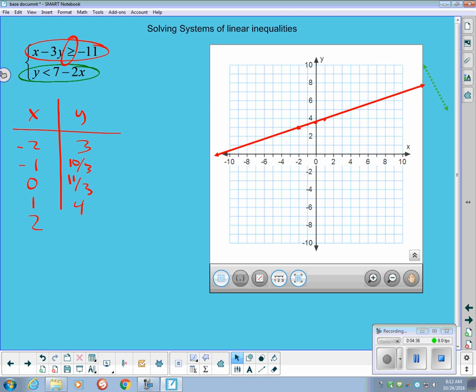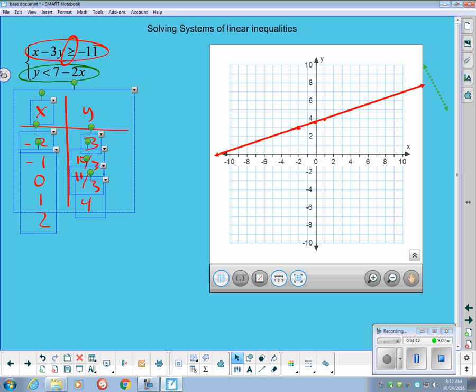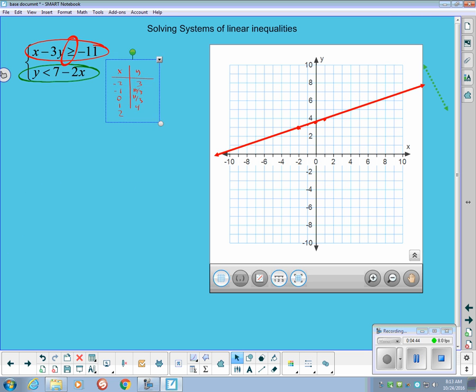But this was an inequality, so that's just the border, and now that I've figured out where that border is, I have to decide which side of that line I should be shading. I'll do that in the same way that I used to do with graphing inequalities, and that's to pick a test point. I will test with the point (0, 0) because it's not on the line.